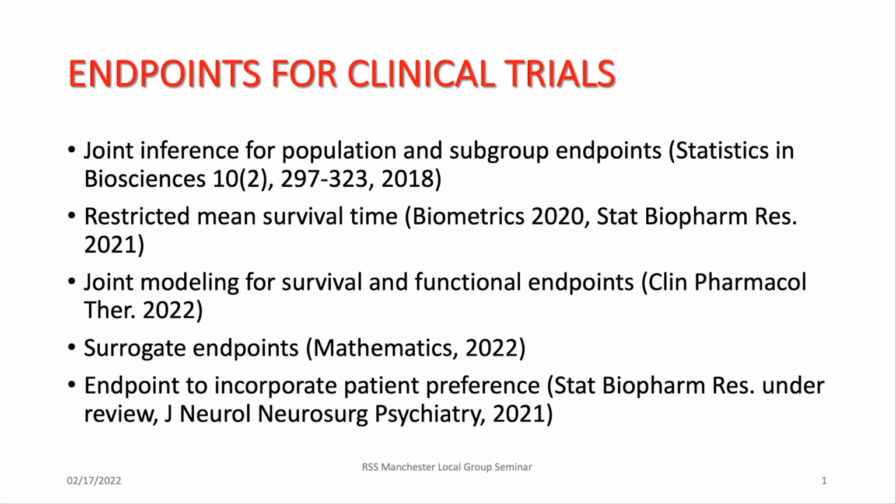For ALS and many other diseases, you have functional longitudinal endpoints and survival endpoints, so joint modeling can improve their efficiency. There are also surrogate endpoints: how to evaluate them in early phase trials. My focus is not only on surrogate endpoints, but on their impact on the design, so what is really the benefit of surrogate endpoints.